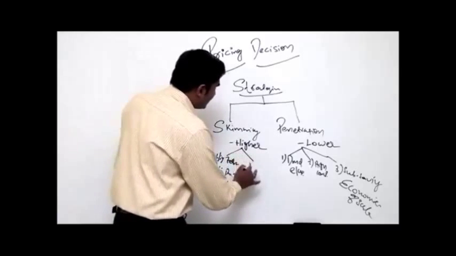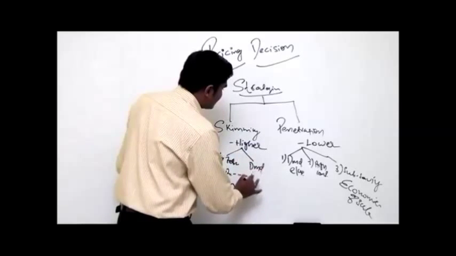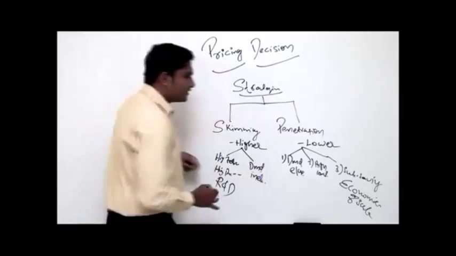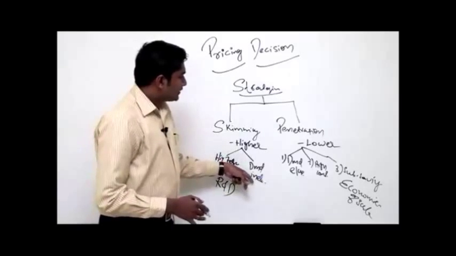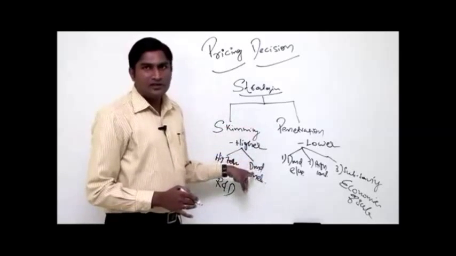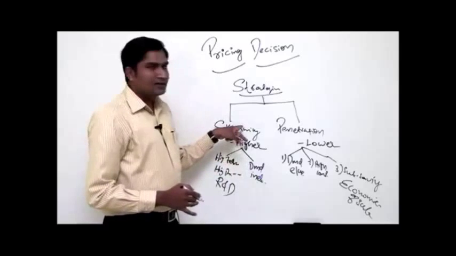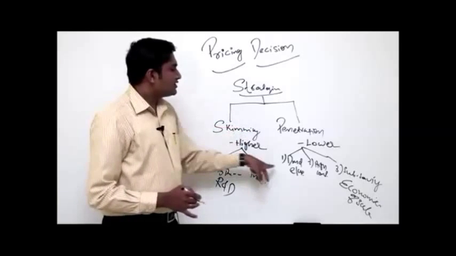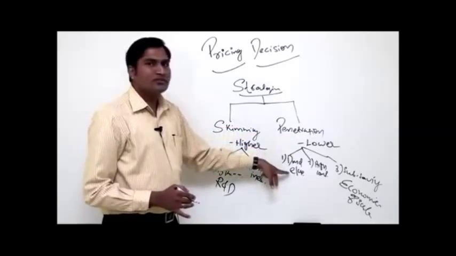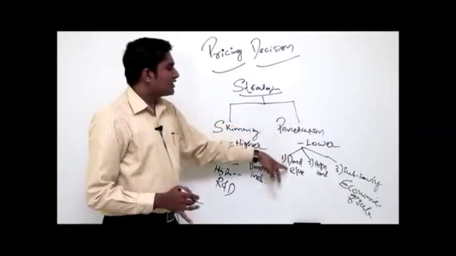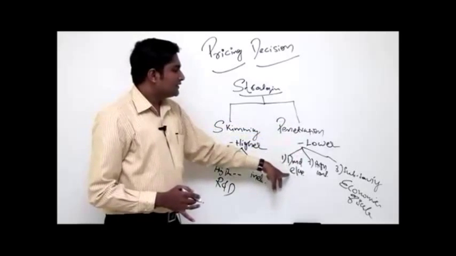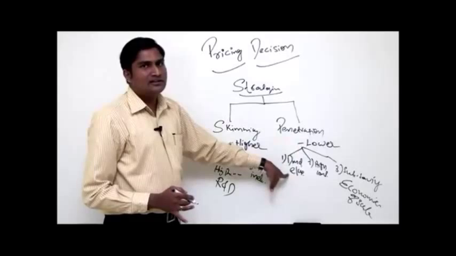And if the demand of that product is inelastic, where the price charged will not affect the demand at all, in that scenario also it can go for a skimming policy, as it was opposite in the case of penetration policy. There we adopted penetration as the demand for that product is elastic, or sensitive to its price.